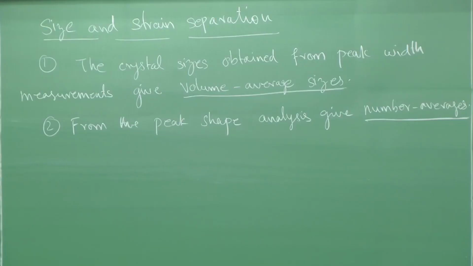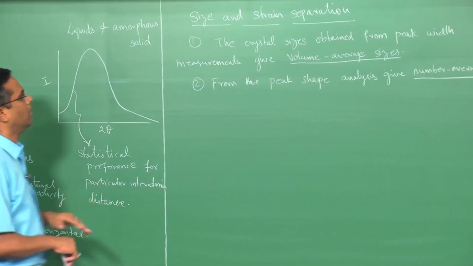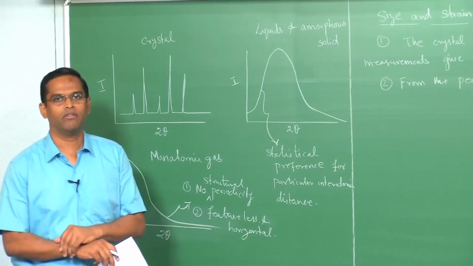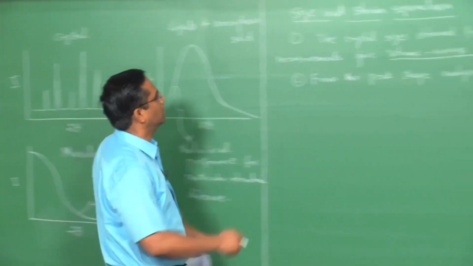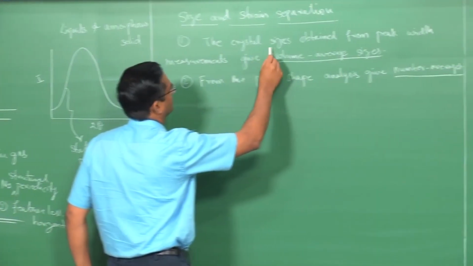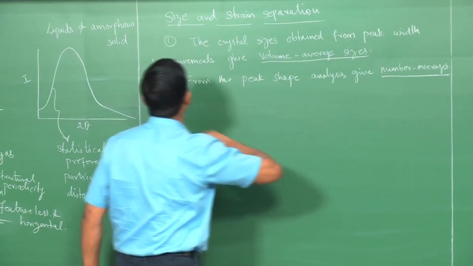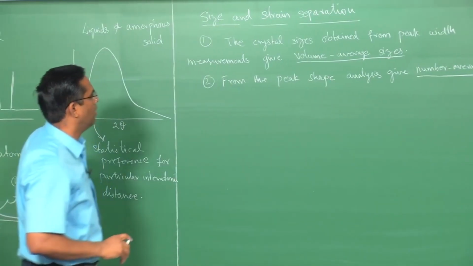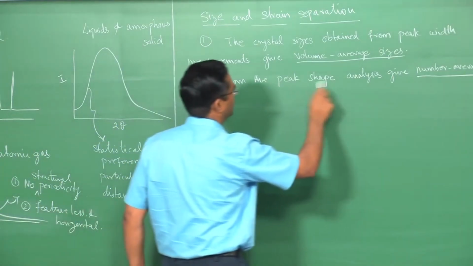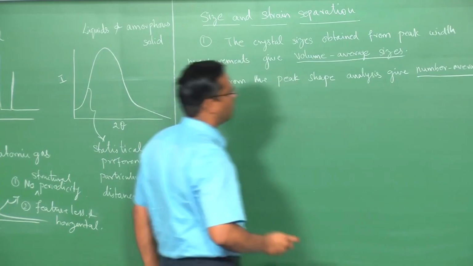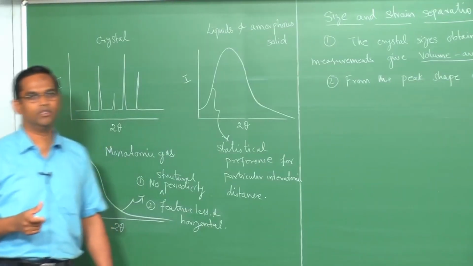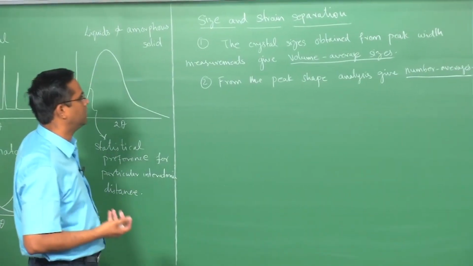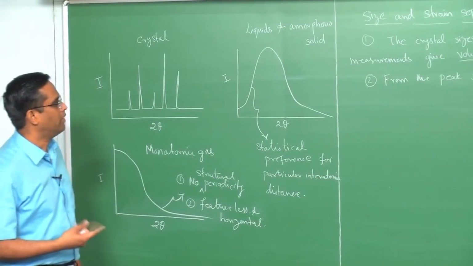The first point to note is that crystal sizes obtained from peak width measurements give volume average sizes, whereas those from peak shape analysis give number averages. These two subtle things you have to appreciate, whether it is peak shape analysis or peak width analysis.